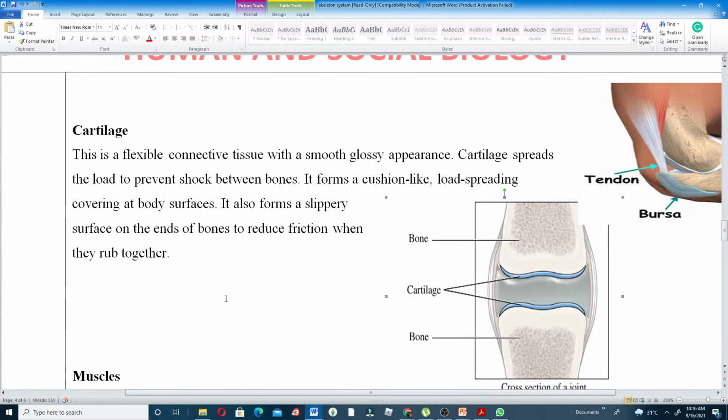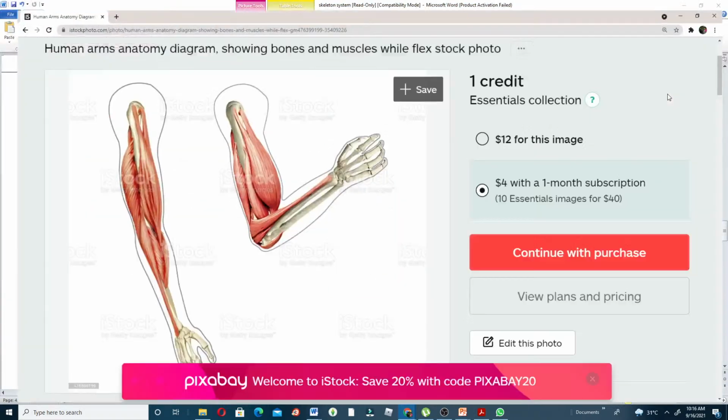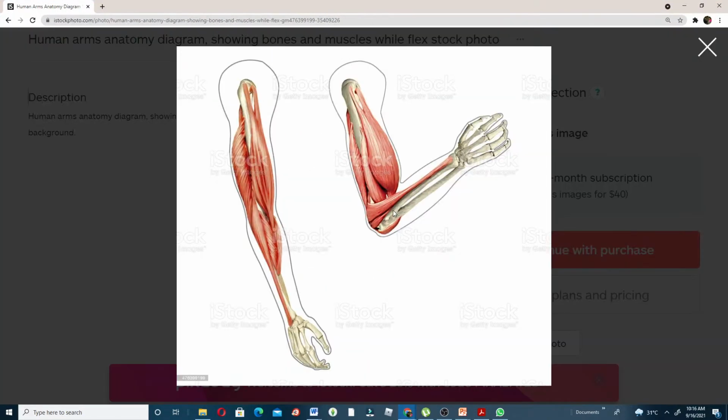Let's say for example we have this movement taking place at this joint here, in this diagram where the arm is being extended and bent. The bone movement simply means that friction is taking place, that they are rubbing against each other. But because the cartilage is slippery, that ability allows the friction to reduce.